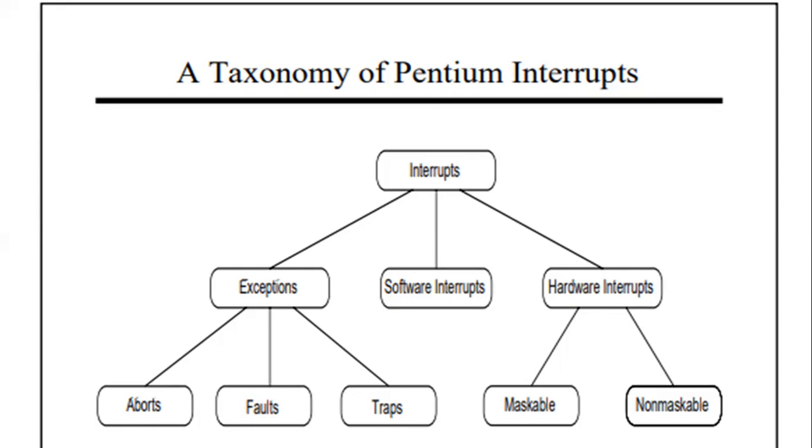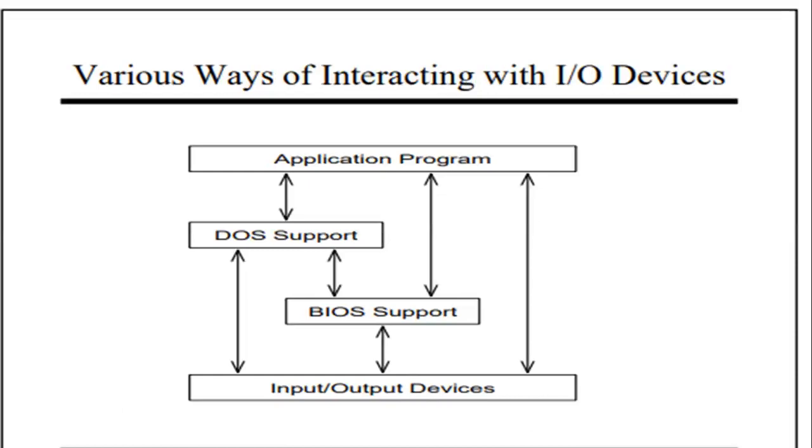So this is the taxonomy of the Pentium interrupts. Various ways of interacting with IO devices are given in this particular figure. At the top we have the application program, and at the bottom we have input output devices. The diagram shows how input output devices provide their services to the application program.